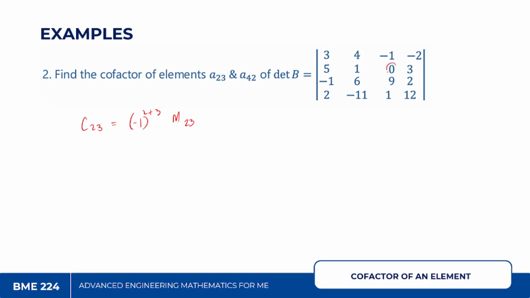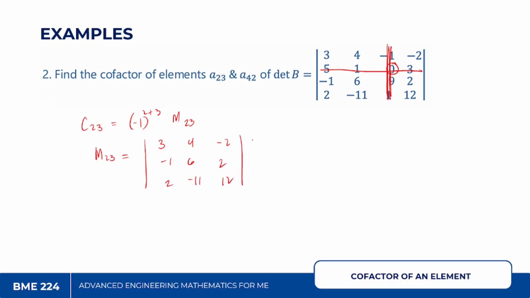Column 3, ito yun. Row 2, column 3. So yung intersection niya, cancel nyo yan. So, ano yung resulting matrix na mabubuo natin? 3 by 3 matrix. So kukunin natin yung determinant ng 3 by 3 matrix. That is 3, 4, negative 2, negative 1, 6, 2, 2, negative 11, 12.